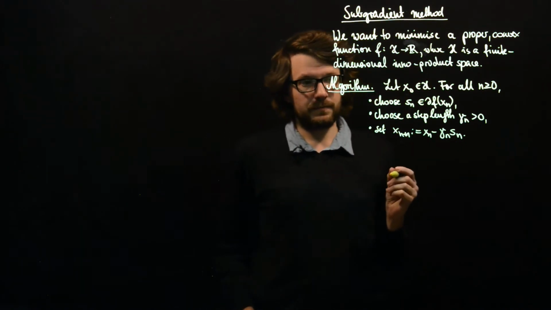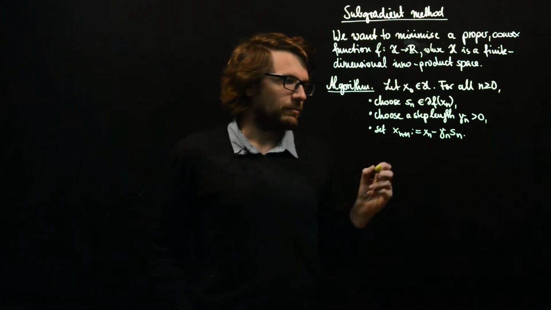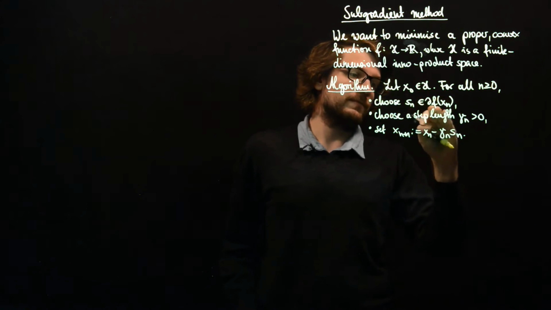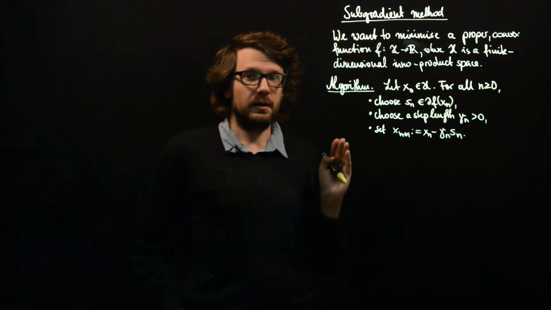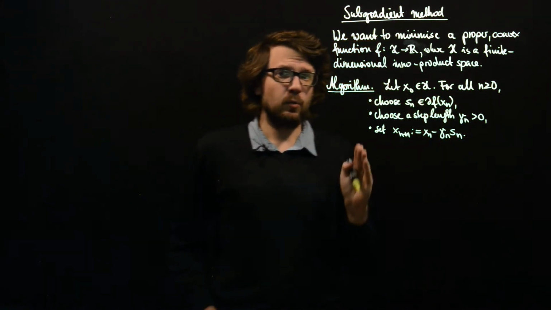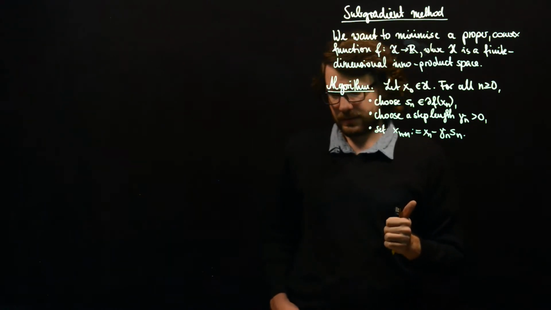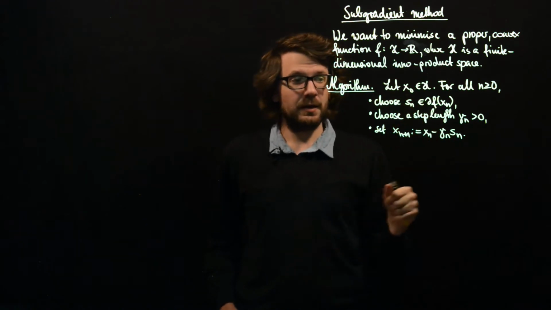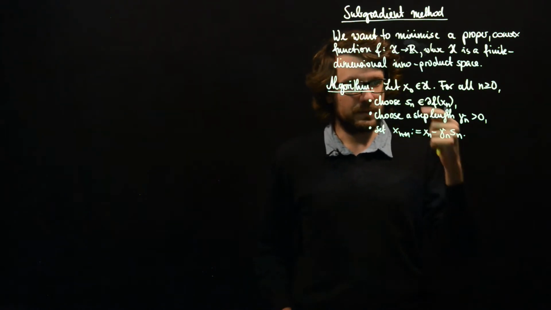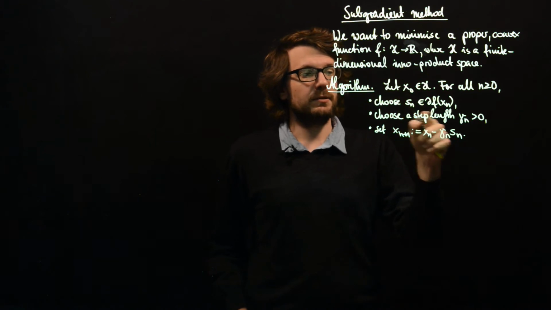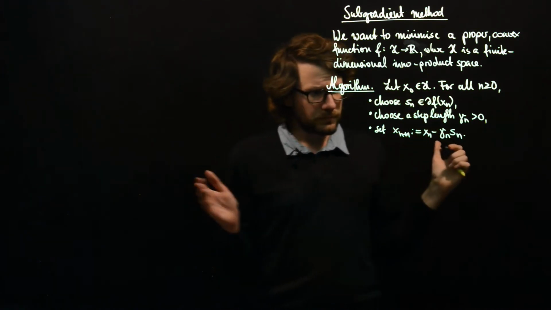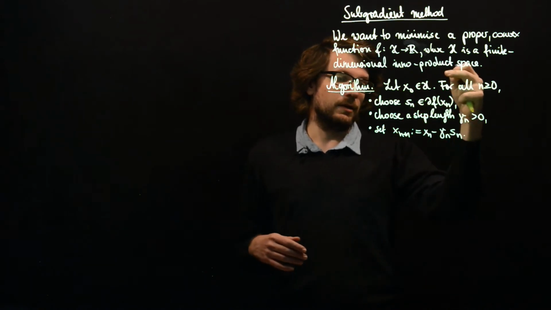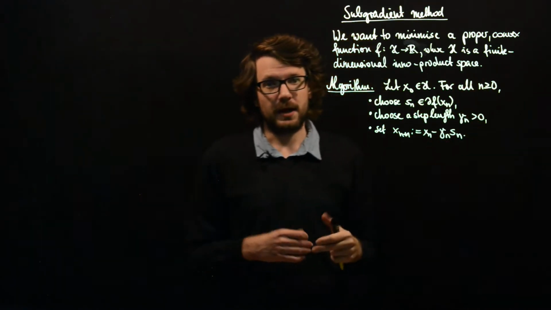Okay, some remarks. So it's not necessary to know the whole subdifferential here. It's only necessary to know one subgradient. So in general, this choice here is not unique. Starting from point x0, you might be able to generate several sequences which all satisfy this algorithm.